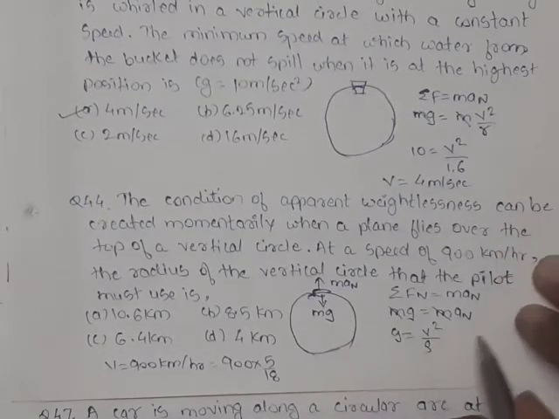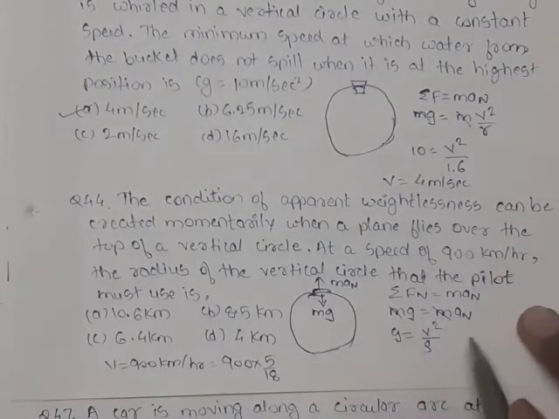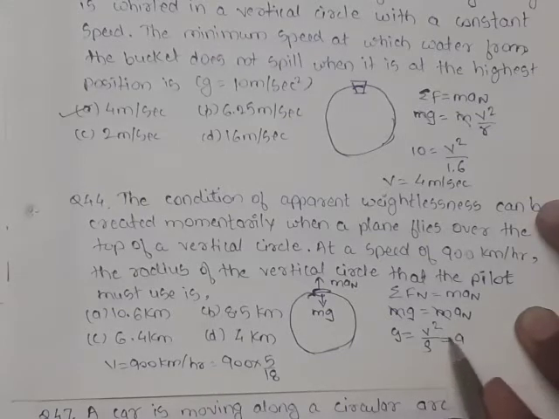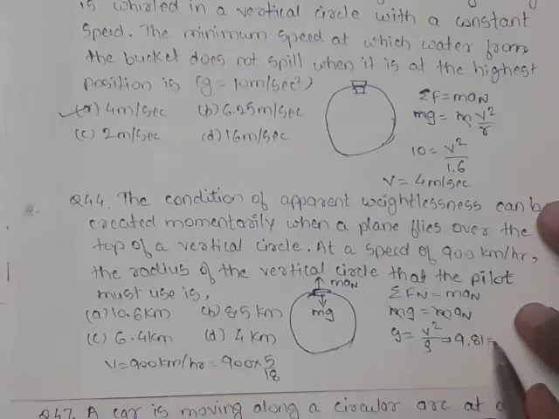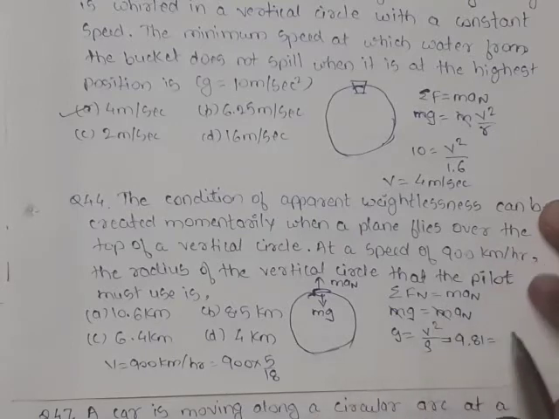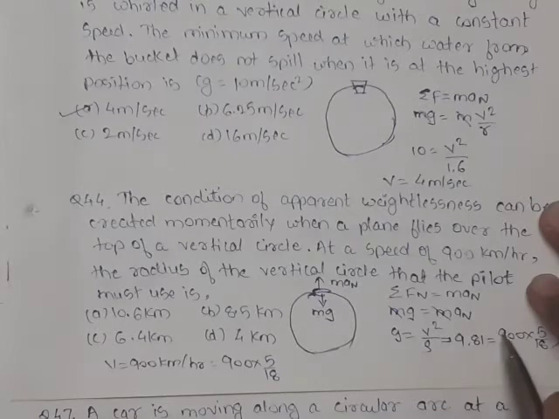So here we'll put all the values. The g value we have to take equals 9.81. The value of velocity we'll put as (900 into 5/18) whole square upon rho.